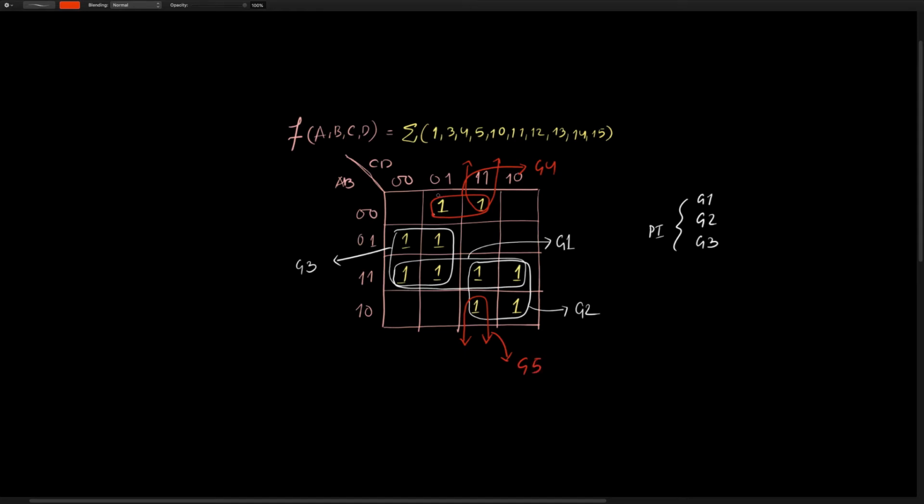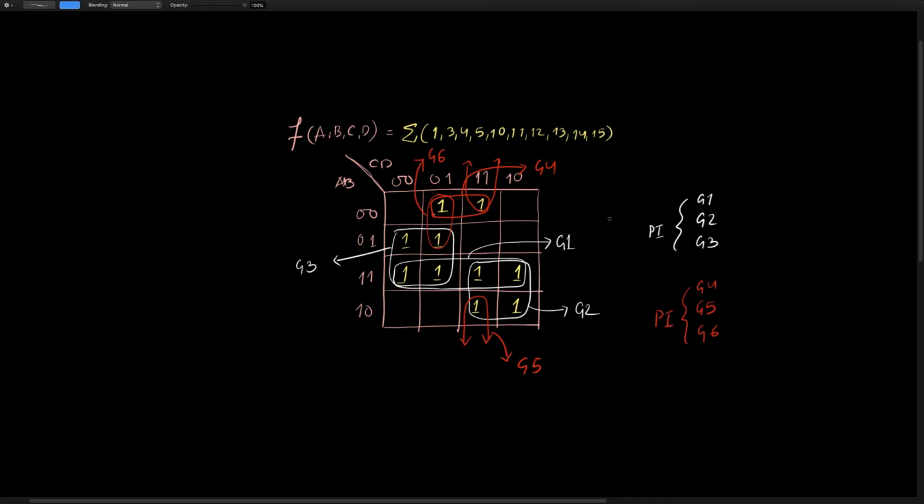I also see this can also be a group. Let that be group 6. So what we get is group 4, group 5 and group 6. These are also prime implicants.